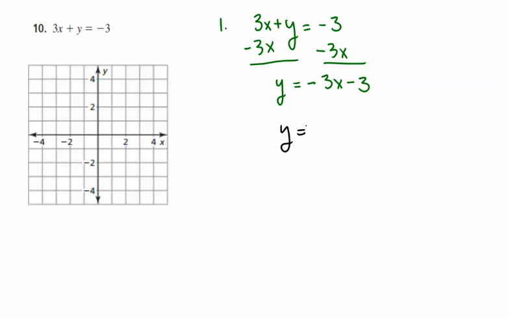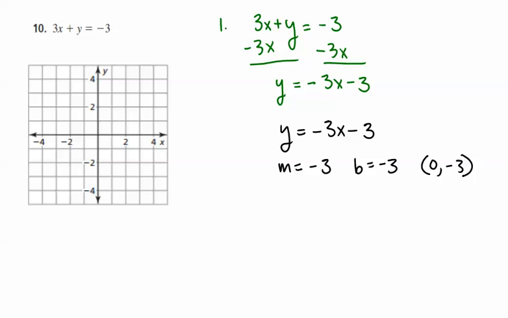And so that is my equation in slope-intercept form. The slope is the number multiplied by x, that is negative 3. The y-intercept is the number that's added to the end, so that would also be negative 3, or we could say it is the ordered pair 0, negative 3.